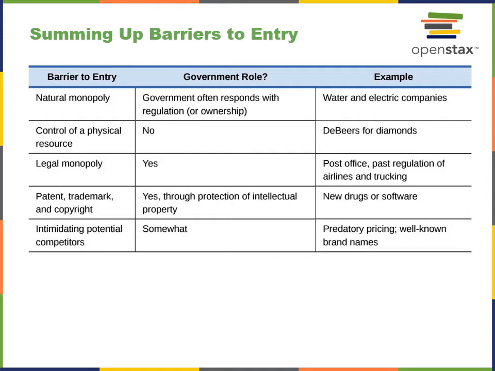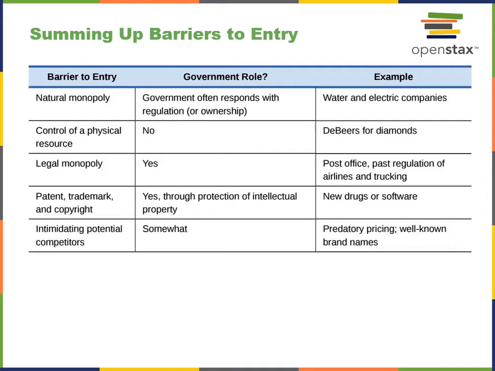Then patents, trademarks, and copyrights. These are important. The government does have a role because they protect all of these as intellectual properties. And examples here are maybe new drugs or a software program or the like. And finally, a barrier to entry could be intimidating potential competitors.